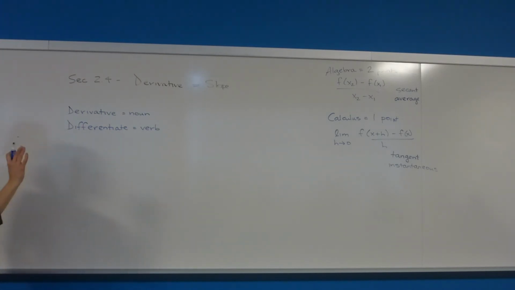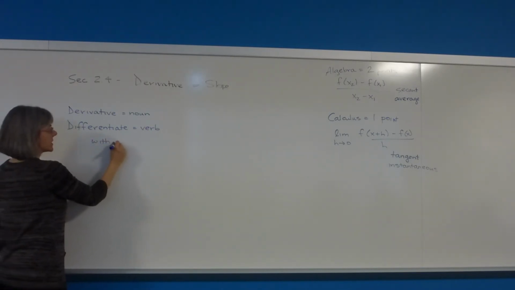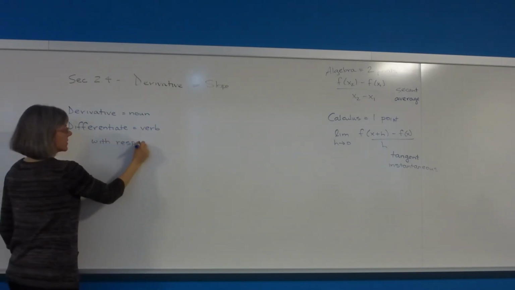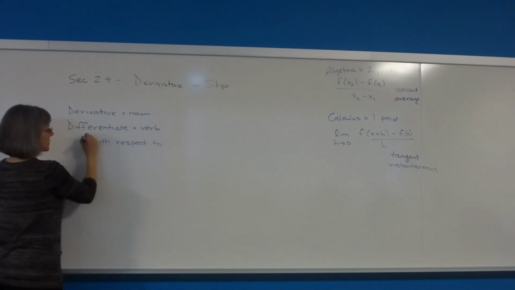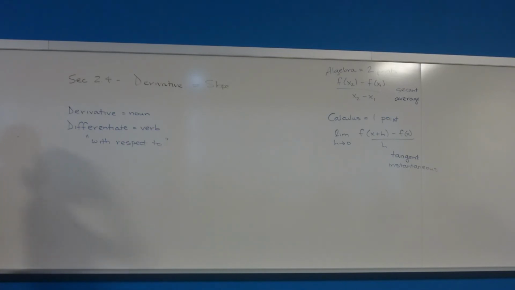And we're also going to add, and this will come up in later weeks, differentiate with respect to. That tells us what variable we're using. So typically it's with respect to x. So if we have f of x and we differentiate with respect to x, that would be one thing.